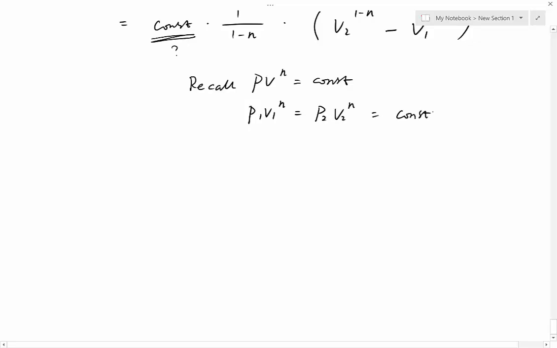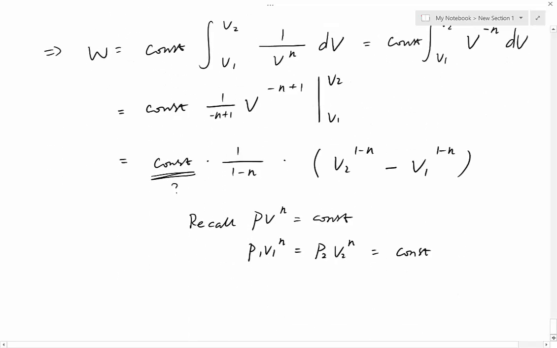I can apply this equation to the initial state and also to the final state, where subscript 1 means initial and subscript 2 means final. So now, can we rewrite the constant from here? P1V1^n is equal to constant. So now I can rewrite the constant as P1V1^n.